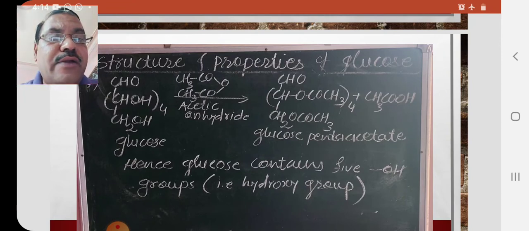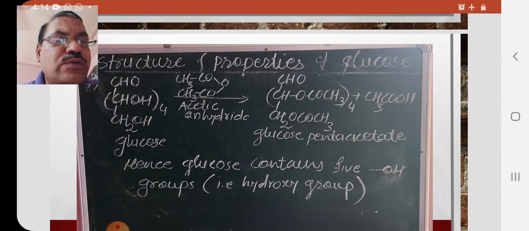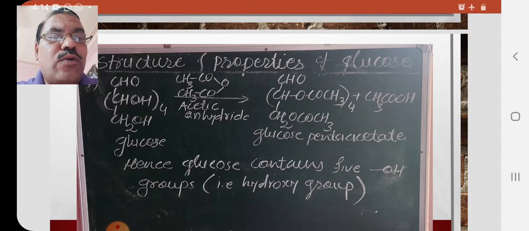When alcohol is reacted with acetic anhydride, the OH group is converted into an acetate group. Similarly, when glucose is reacted with acetic anhydride, glucose pentaacetate is formed, that is 5 OCOCH3 groups get attached. By using this reaction, we can say that the glucose molecule must contain 5 hydroxy groups.